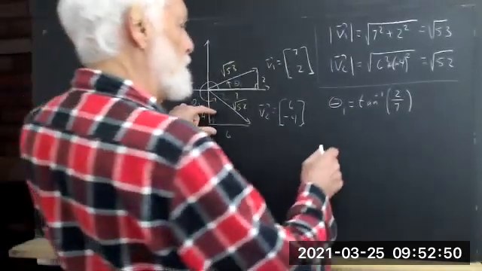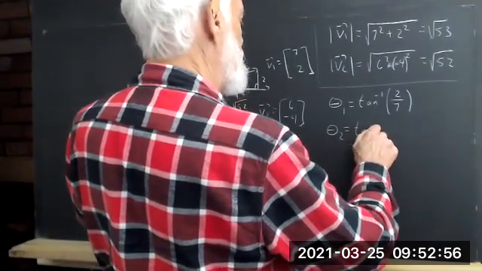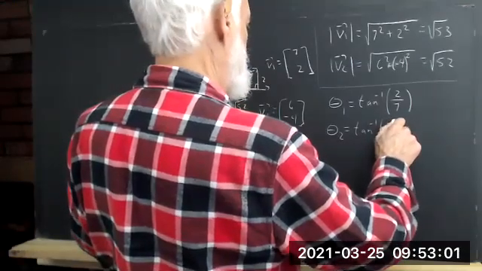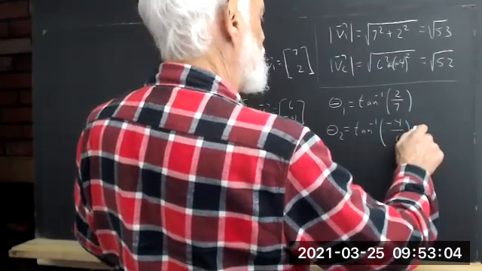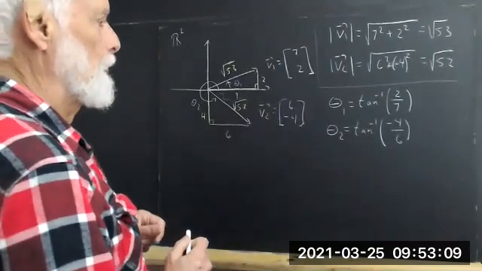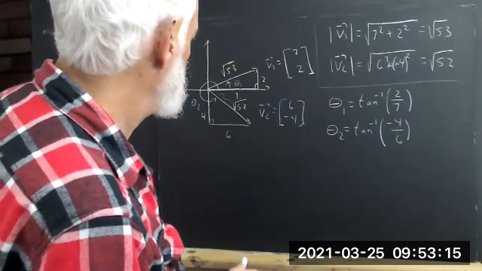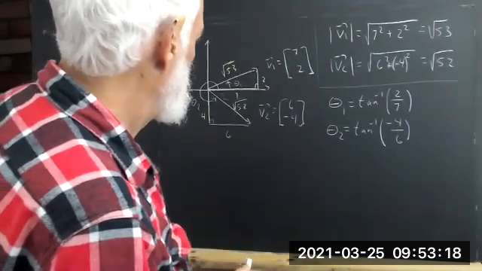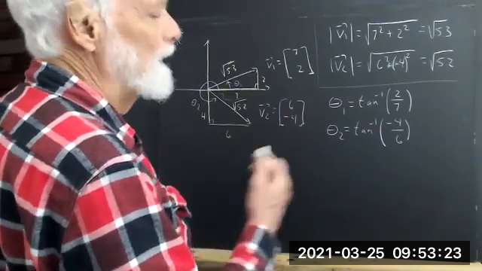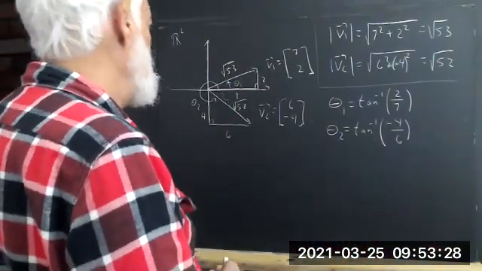Okay, theta 2 is the arctangent of -4/6. And that turns out to be a negative angle. I'm deciding just how much detail I want to go into this.